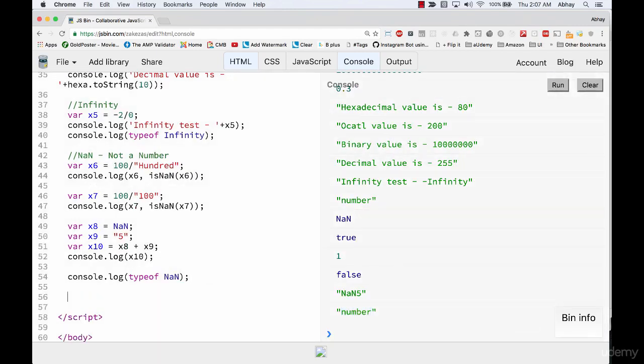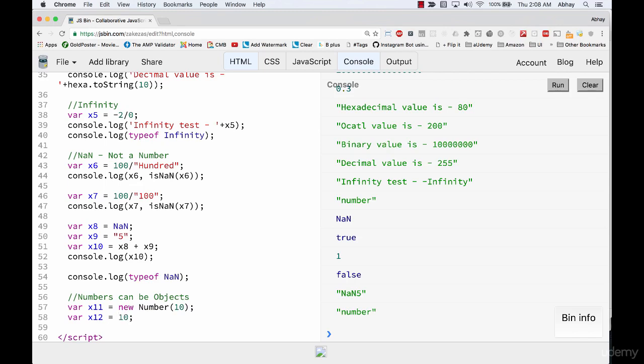Okay, let's move on to another concept, as numbers can be objects. Just like strings, numbers can also be defined as an object. So you can very well have a new Number 10, that will be 10. You can also use x12 is equal to 10.